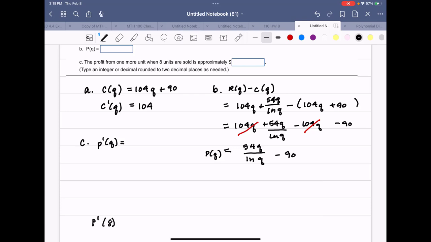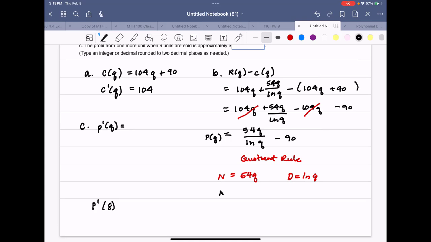So the derivative of the profit function, well, we have a quotient here. So I'm going to need the quotient rule. The derivative of the 90 is going to be a 0, so I need to focus on this. 54Q is my numerator. Natural log of Q is my denominator.